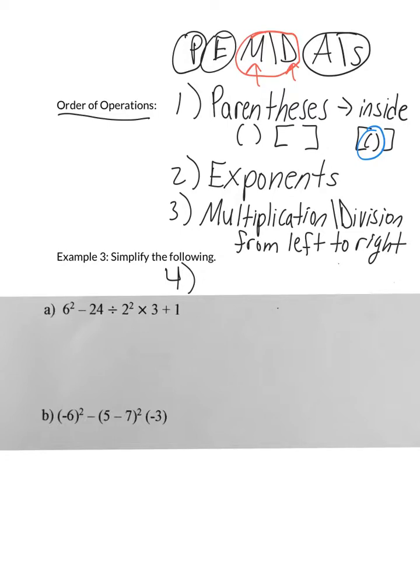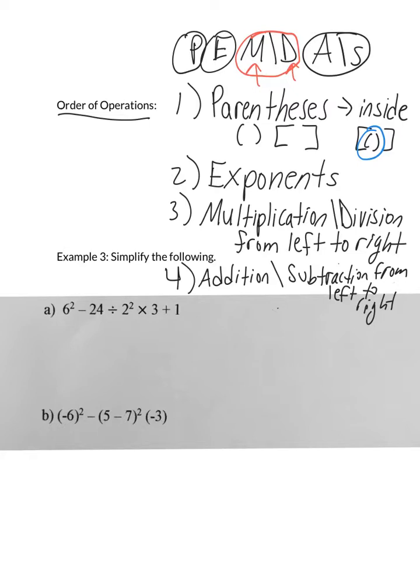With my big old handwriting, I'm already running out of room. Here we go. Addition and subtraction. I'll just put a slash like I did with multiplication and division. Addition and subtraction, which is also from left to right. Whichever symbol you see first, you do that first. That's what takes precedence from left to right.